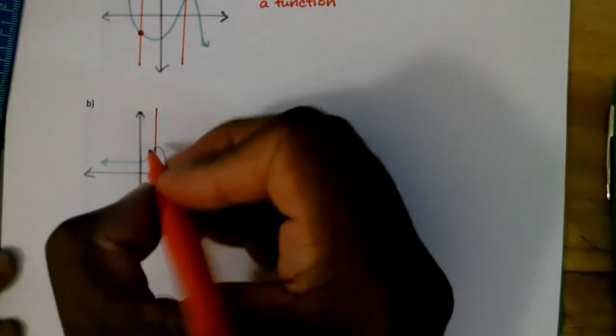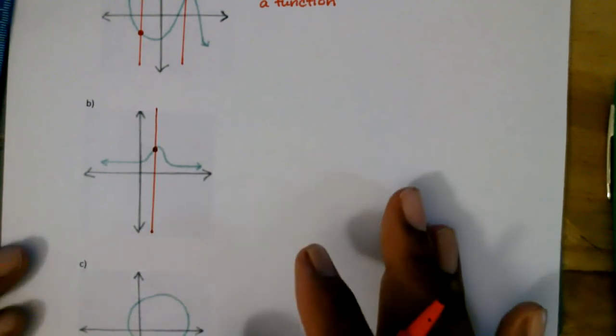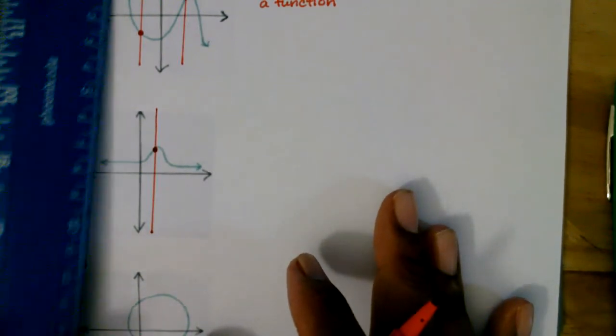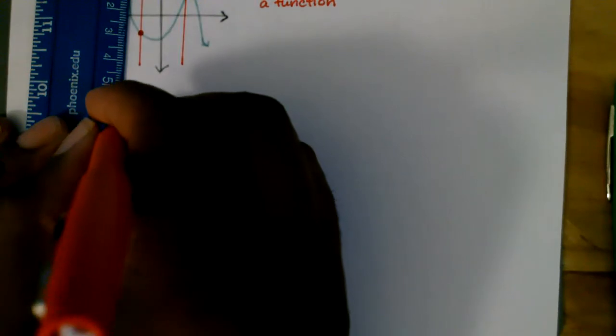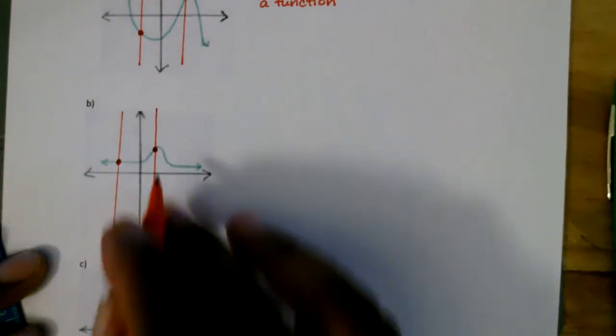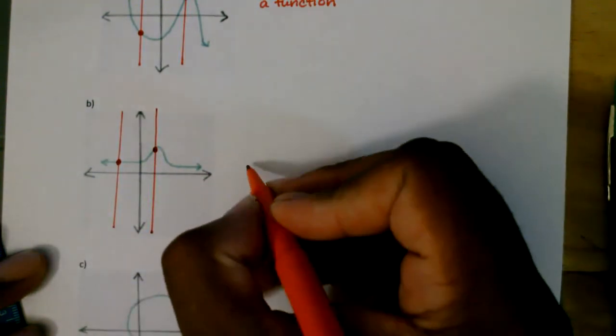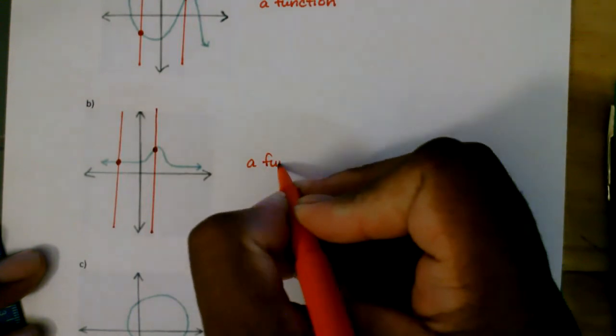It's only crossing that graph at one place. Now again, I could have drawn that vertical line over here. It's only crossing the graph at one place. Or on the right side, it'll still cross the graph at one place. So this is, once again, a function.